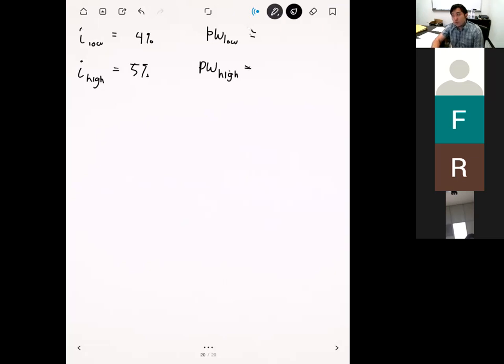Remember, this PW low and PW high are the present worths associated with the lower interest rate and the higher interest rate. They're not necessarily the ones that are higher and lower.